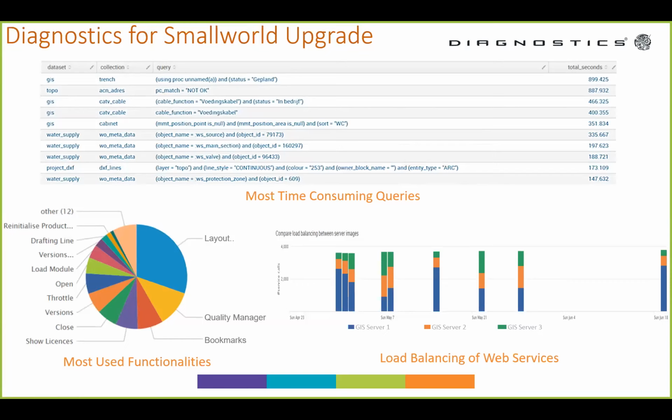The second one talks about the functionalities which are mostly used, and the third one talks about the load balancing which is there in the current version of your Smallworld.